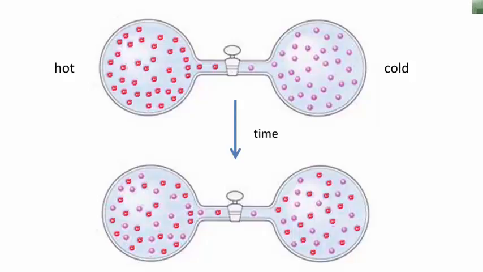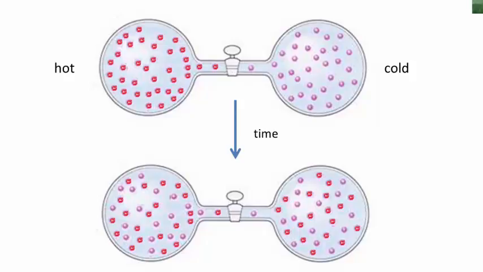Could, in fact, that demon only allow hot molecules to move in one direction and cold molecules in the other direction? So, for example, if you started with the bottom arrangement with a mixture of hot and cold, red and blue molecules on both sides, could this demon let only the hot molecules go to the left and let only the cold molecules go to the right, resulting in a separation of hot and cold?